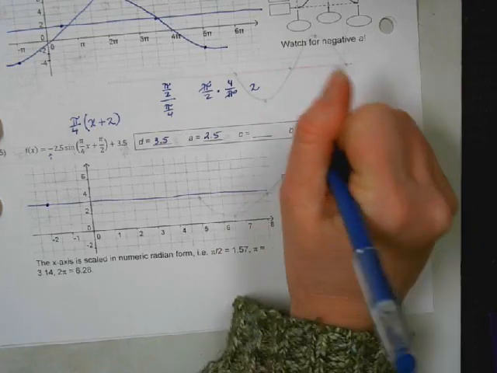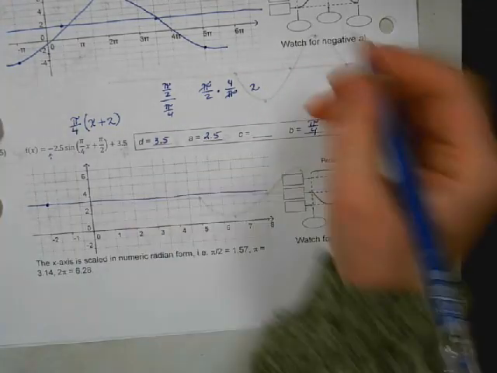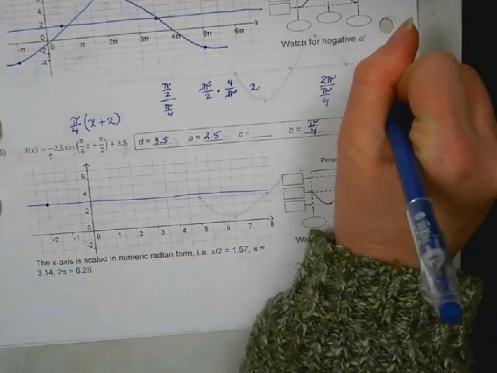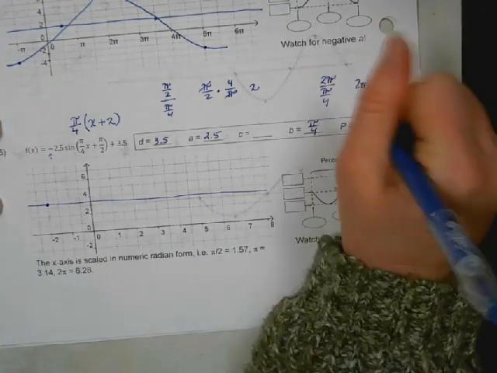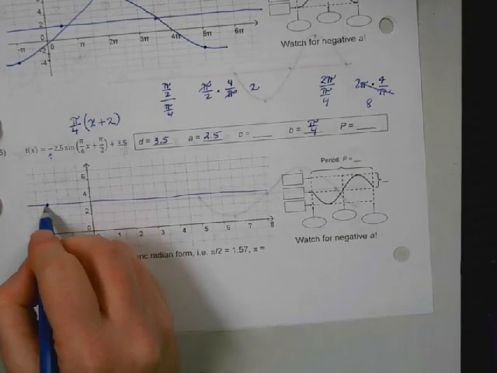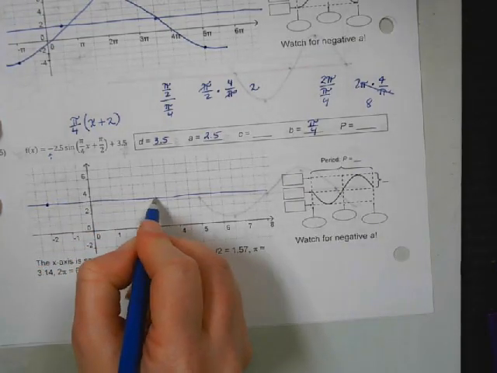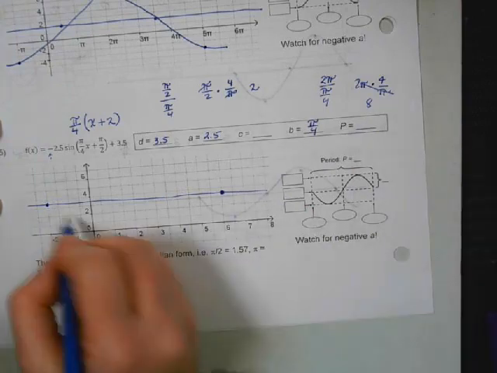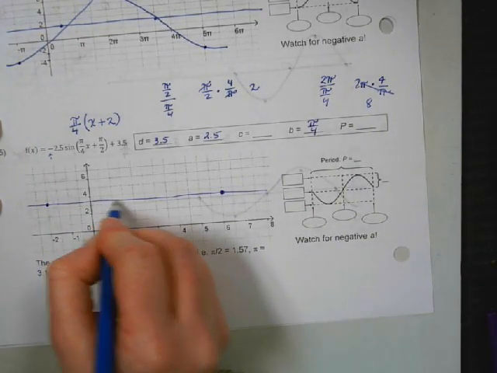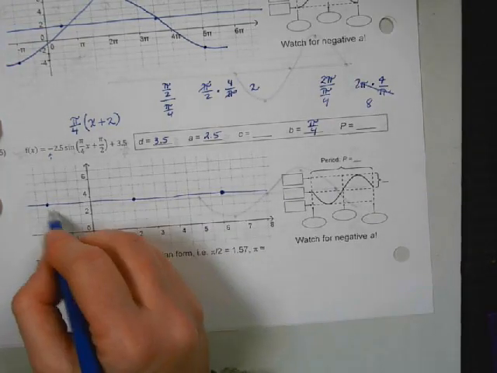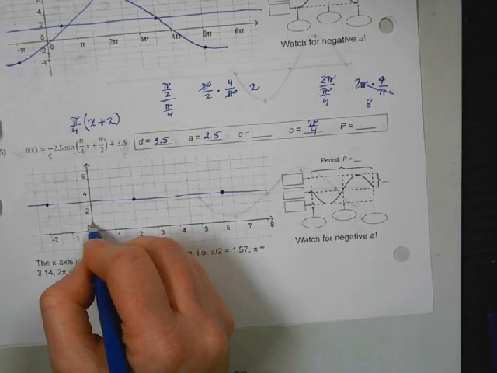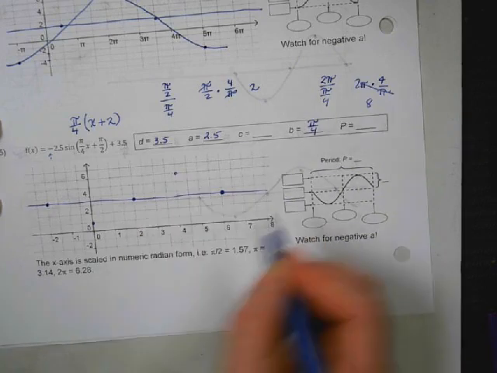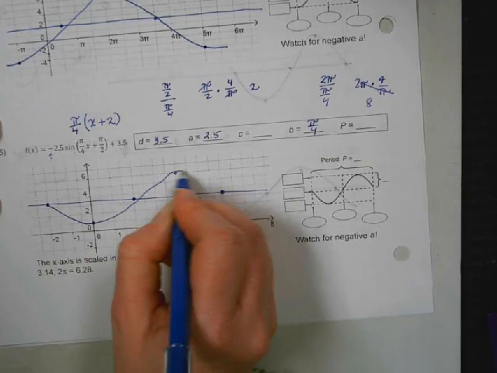My period, so 2 pi over pi over 4, keep, switch, flip, so my period is 8. Finish by there. Kind of like that.